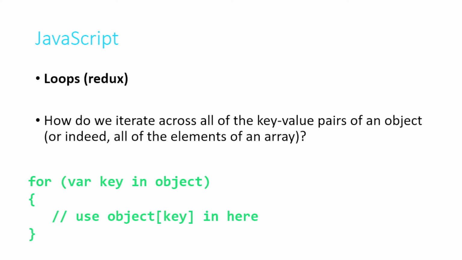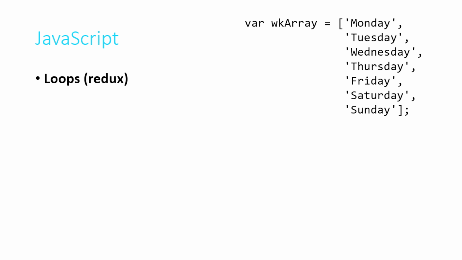We also have a slightly different variation, for var key of object, which instead of having to use object square bracket key, we can now refer to iterating across all of the values, as opposed to this, which iterates across all of the keys. This would iterate across all of the values. So we can cover both sides of a key value pair using for var key in or for var key of. Here's an example of an array where we're going to use these two different types of loop.